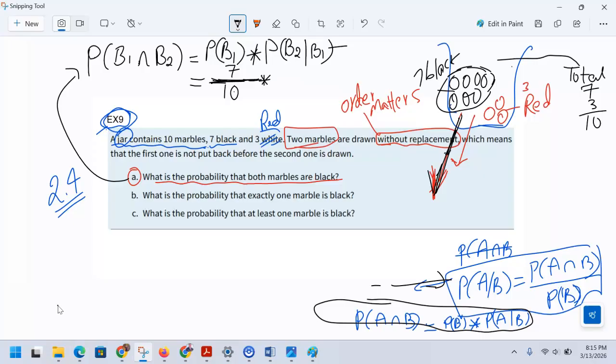Once that is done, one marble is gone, so you're left with 6 black marbles.